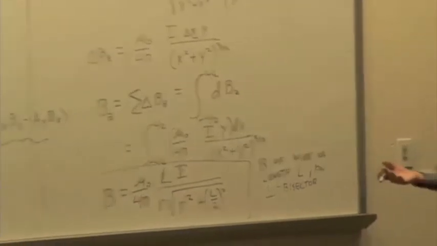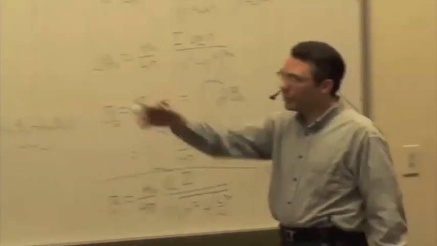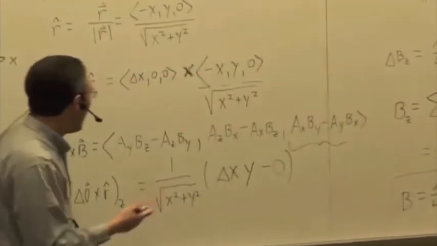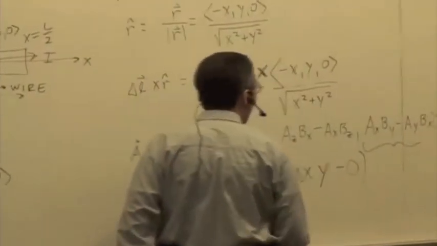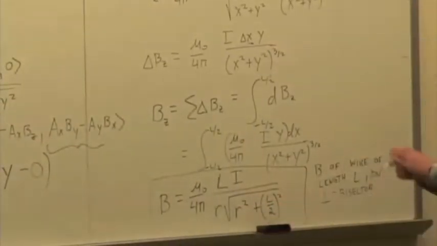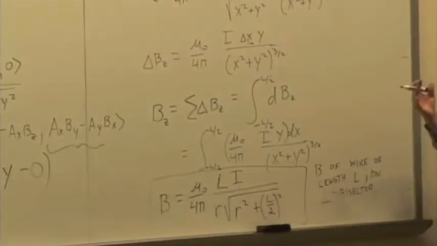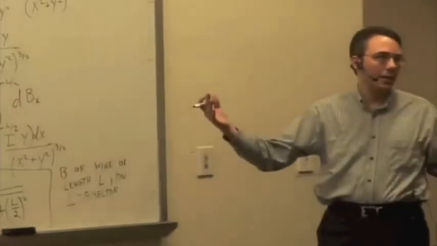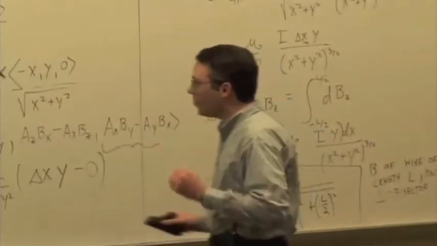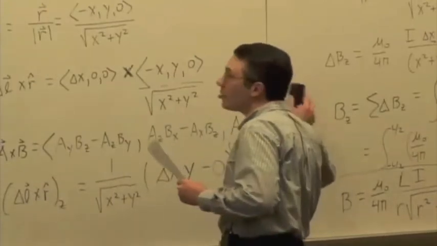So it's another result, but it's coming from just applying this summation due to the Biot-Savart law. And then I think at the very end of class last time we said if you have a case where the wire is very long and L is much, much bigger than R, then what this boils down to is this.